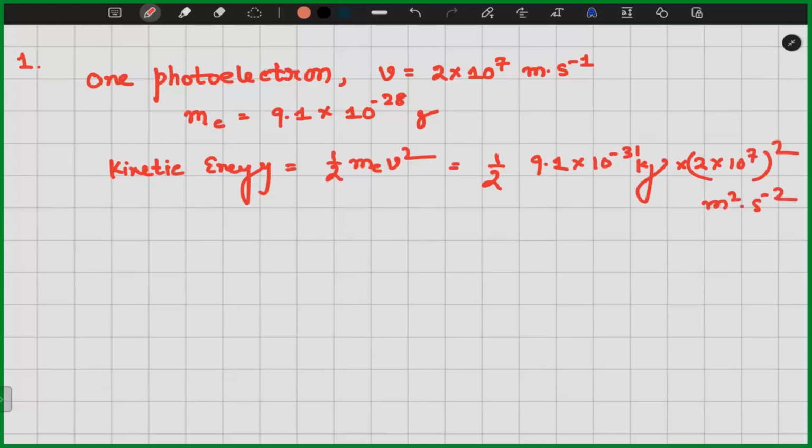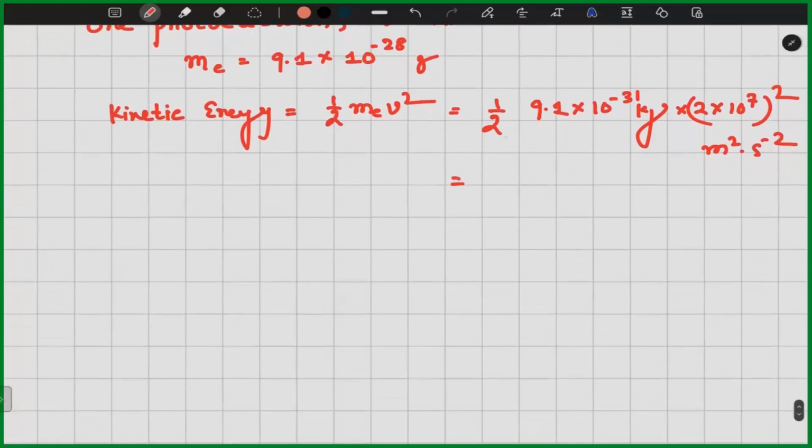So this unit will be joule: kg meter square second square, that means second to the power minus 2. This is the unit of joule as we discussed earlier. So 2 will cancel, and from here we can say that it will be 18.2 into 10 to the power minus 17 joule.